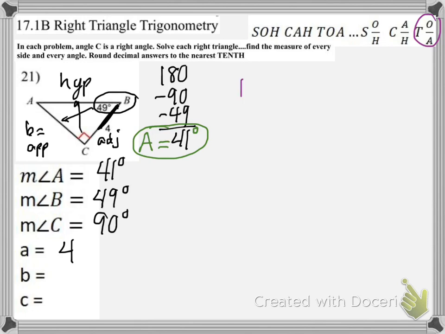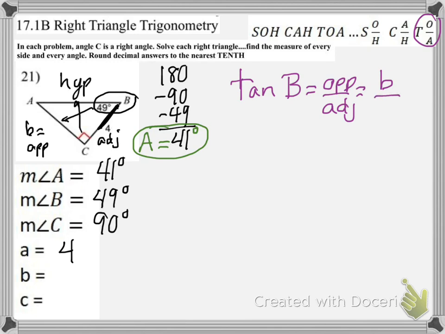So I'm going to start over here with tangent of the B, because it's the only angle I know, is the side that's opposite from B over the side that's adjacent to B. In this case, the opposite was lowercase b.